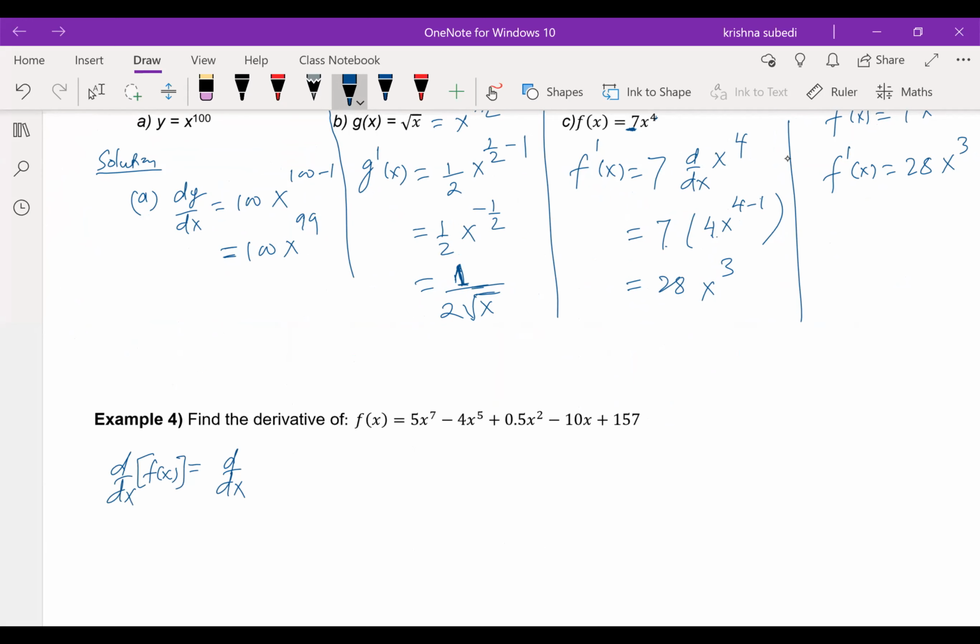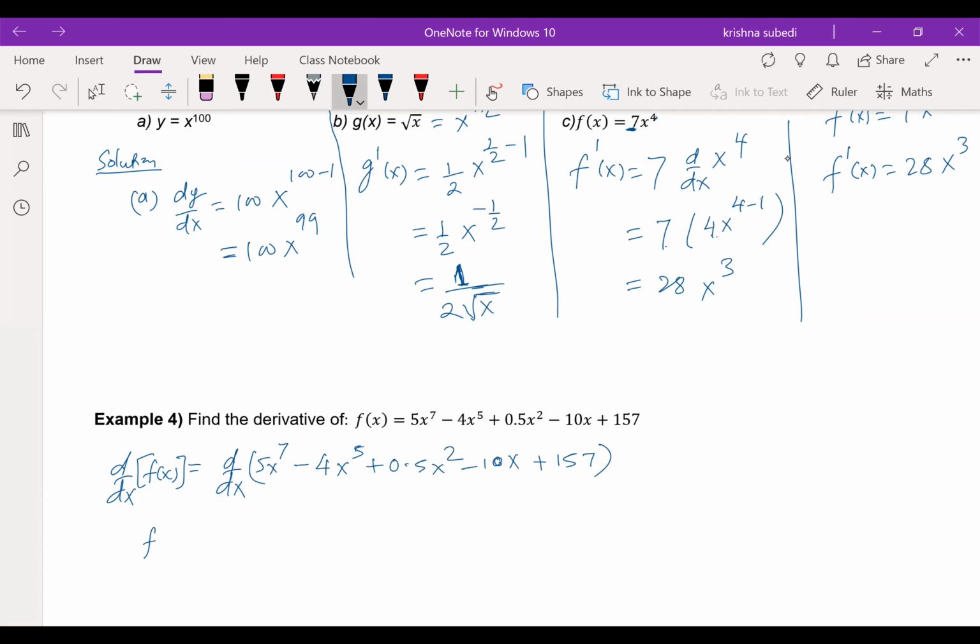So this will be d over dx of 5x power 7 minus 4x power 5 plus 0.5x squared minus 10x plus 157.